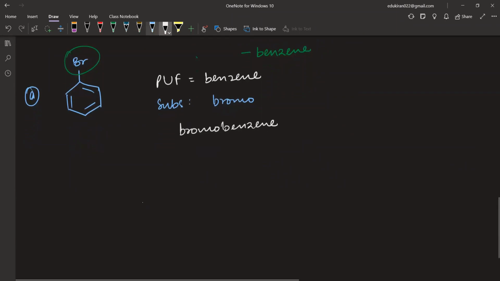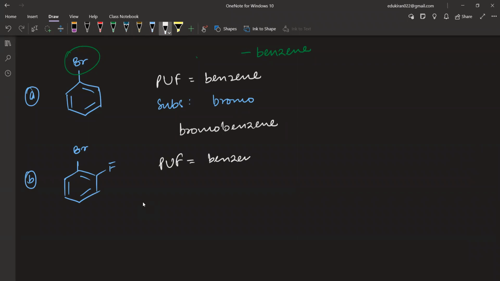Now let us look at a bit more complicated case. Let us level up. We have a Br here, and let's take a fluoro here. What will be the parent? Benzene. Very good. The substituents are bromo and fluoro.